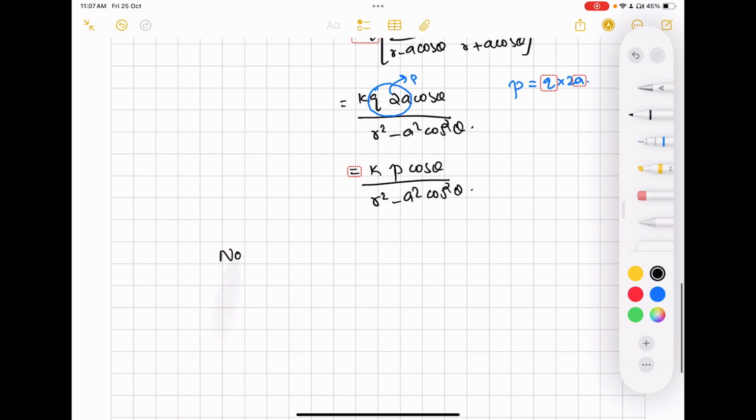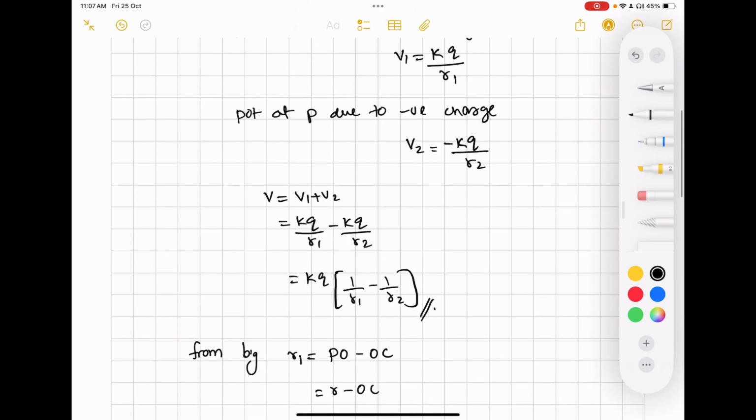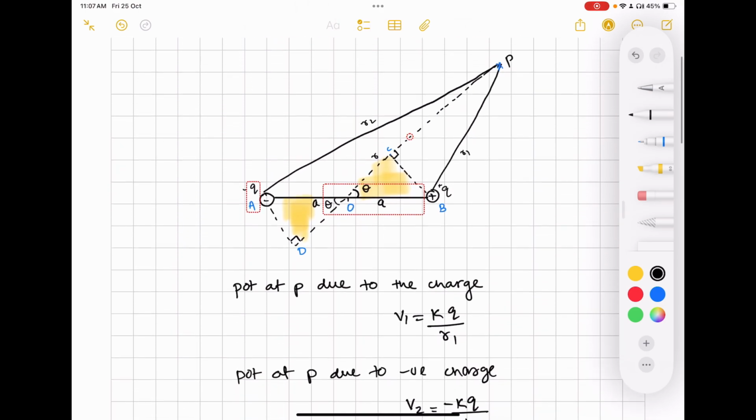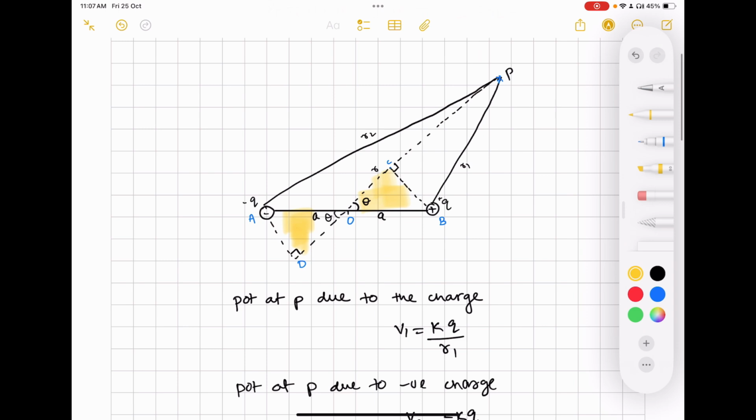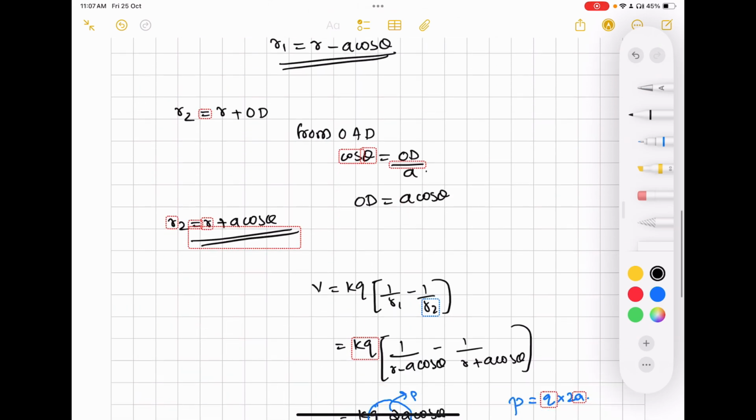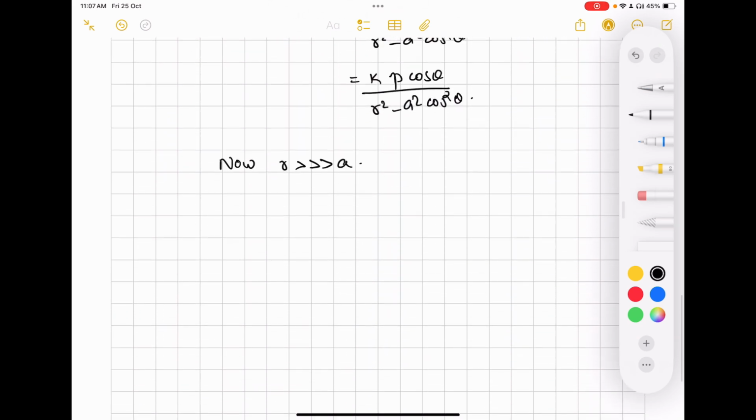Now assume that R is very much greater than A. That is, we are finding the potential at a point which is at a very large distance. So if R is much greater than A, we can write R square minus A square cos square theta approximately equal to R square.